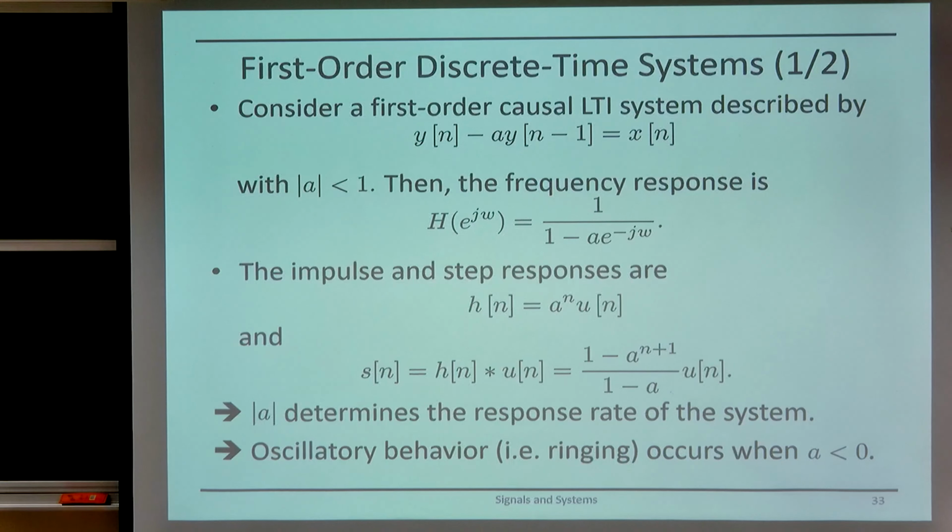So if A is positive, then smaller values of A will give you a step response that rises faster to the desired gain, okay? But if A is larger, then it takes some time to reach this desired gain, okay? And furthermore, if A is negative, then you may observe this oscillatory behavior before it settles down to the steady state value. Okay.